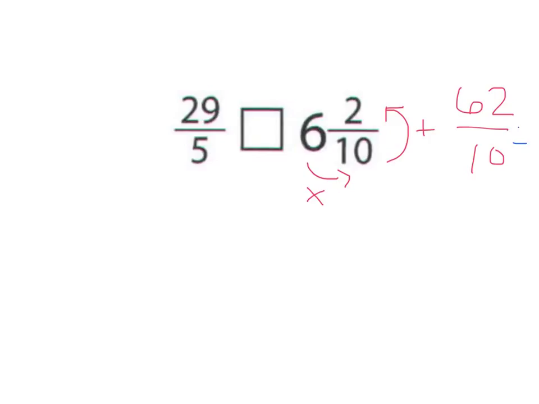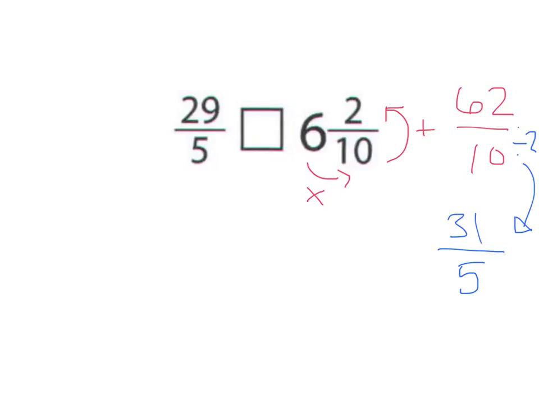Now remember, whatever you do to the numerator, you have to do the same thing to the denominator. So in this case, because we're dividing the denominator by 2, we also have to divide our numerator by 2. I chose the number 2 because I could clearly see that 62 was an even number, and so as an even number, it would be divisible by 2. So 62 divided by 2 is going to give us 31.